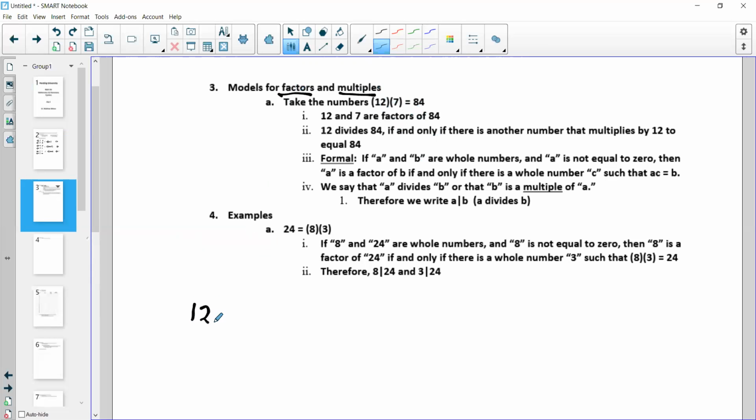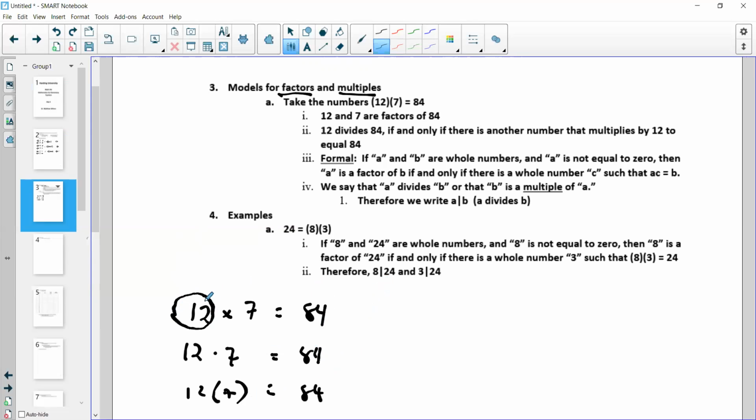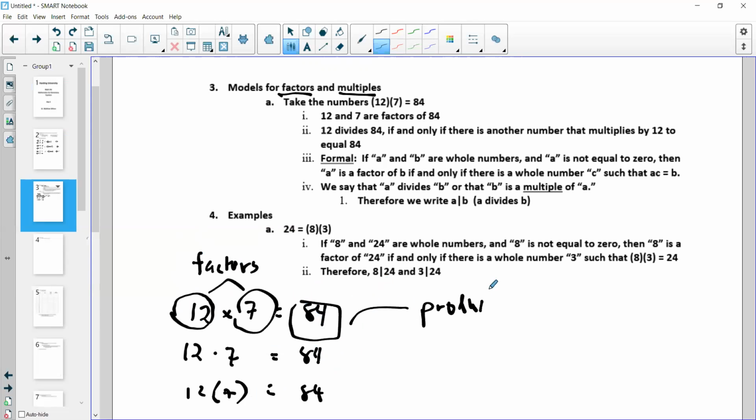Well, 12 times 7, or 12.7, or 12 with parentheses around 7, they all are implying multiplication. And you get 84 as a result. Well, that just means that 12 and 7 are both factors. And 84 is what we call the product.